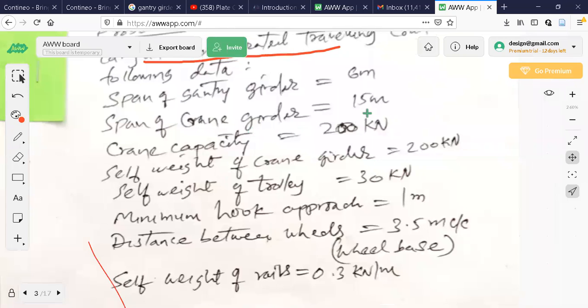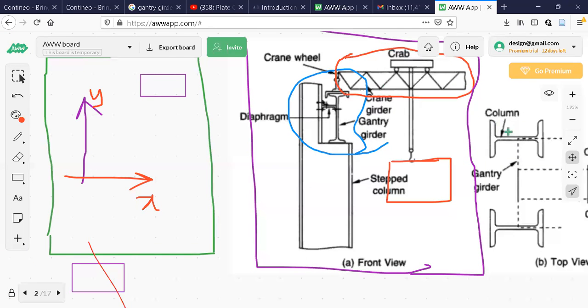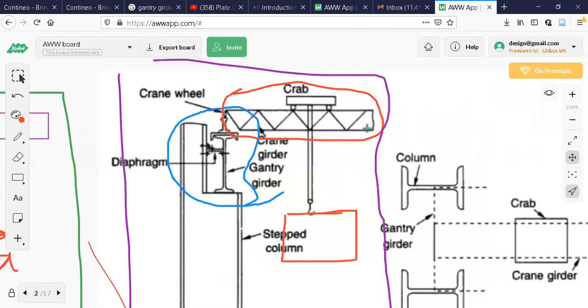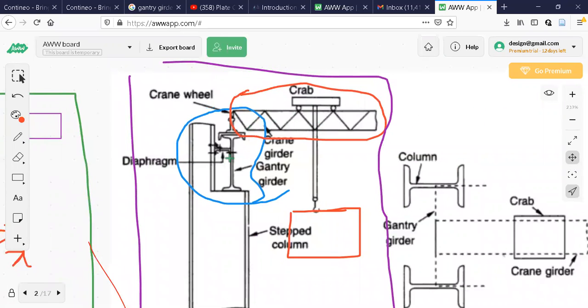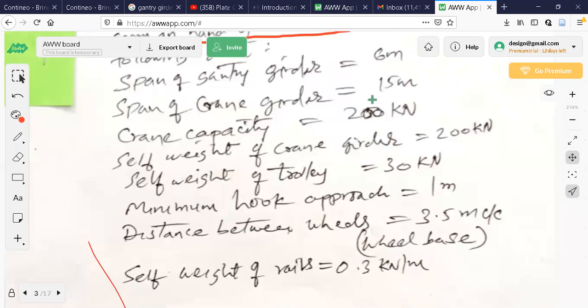Span of crane girder is 15 meter. Span of crane girder is 15 meter. Means this is 15 meter. That is this. If you look at this diagram here, whatever is enclosed in the red circle, this one. This is crane girder. Thus, this span is more. But I'm not designing this one. I'm designing gantry girder. It means I can move this crane girder maximum 6 meter here, in the y direction, because span itself of gantry girder is 6 meter.